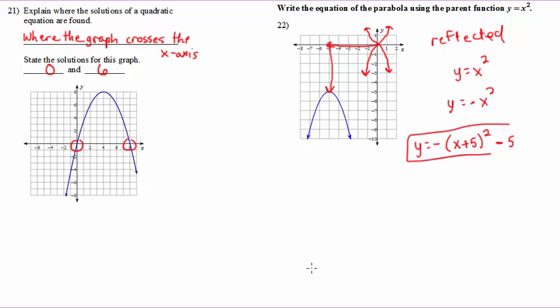If you find this tricky, you can try out different options. If you thought maybe it was a minus 5 on the inside, graph it on your calculator and see if it gives you a parabola that's moved the correct direction. If it's not, then try something else.